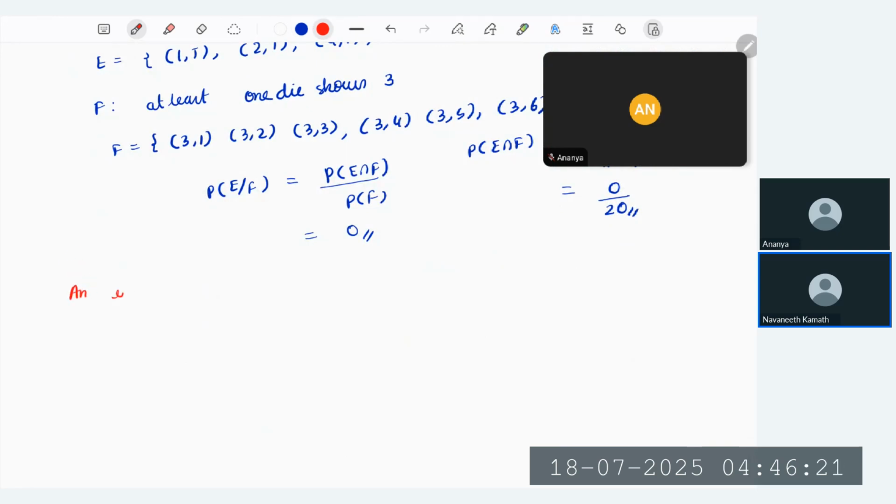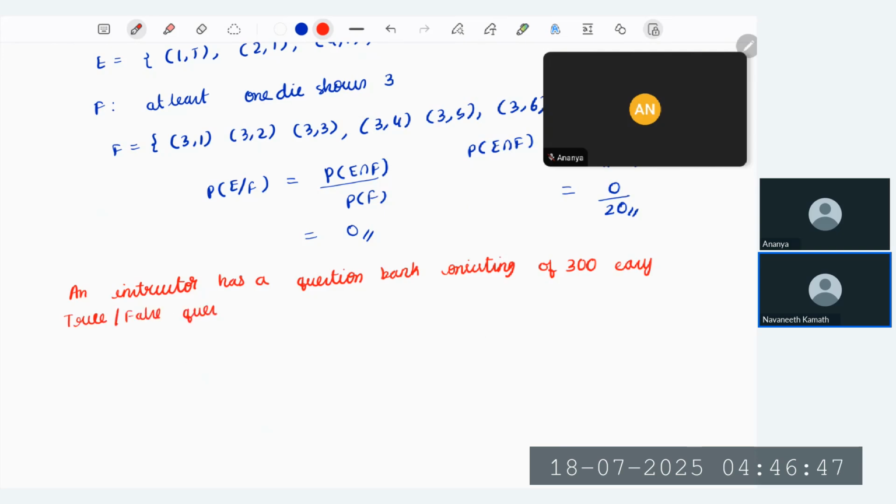An instructor has a question bank consisting of 300 easy true or false questions and 200 difficult true or false questions, and 500 easy MCQs, multiple choice questions.